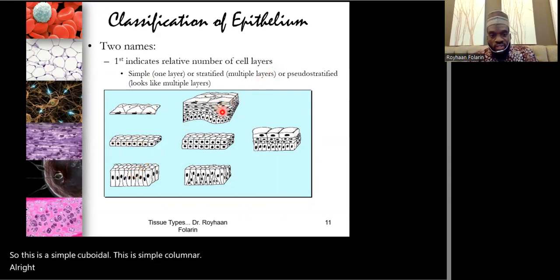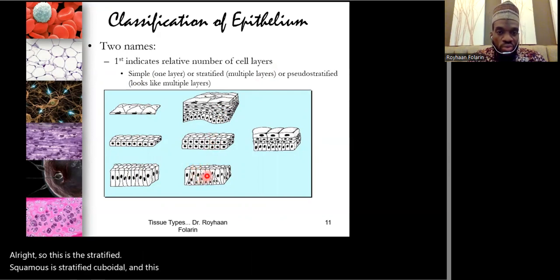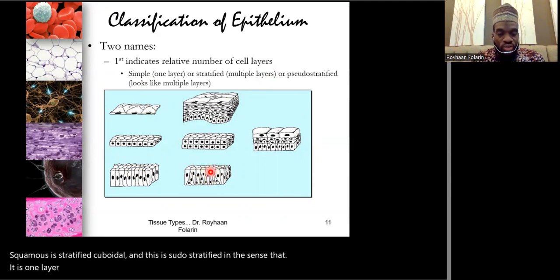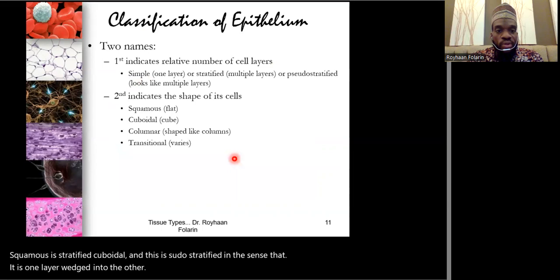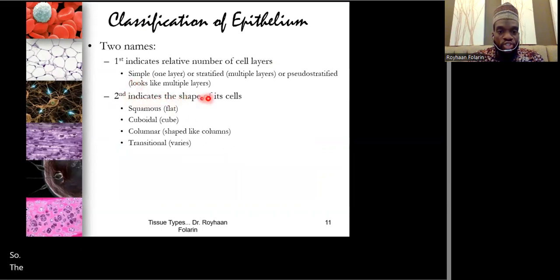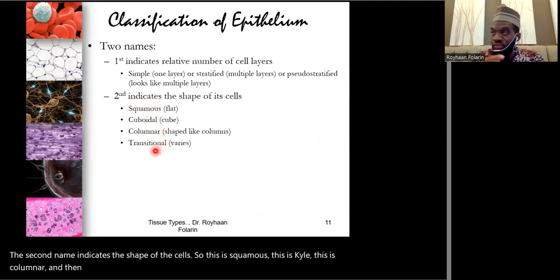This is a stratified squamous, the stratified cuboidal, and this is pseudo-stratified in the sense that it is one layer wedged into the other. So the second name indicates the shape of the cells. So this is squamous, this is cuboidal, this is columnar, and then transitional kind of varies around. Okay, varies.